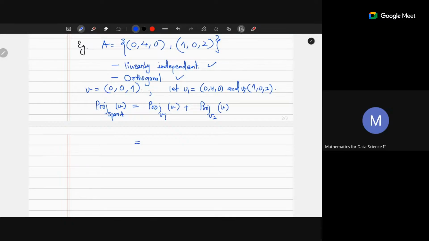You need to first take the inner product of V with the vector V1, divided by the norm of V1 squared, plus the inner product of V with V2, divided by the norm of V2 squared, right?